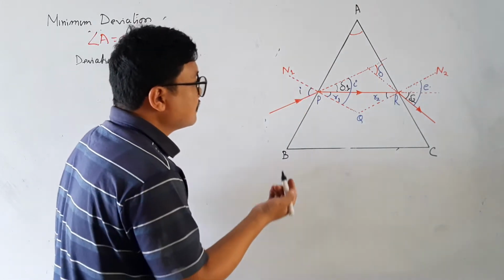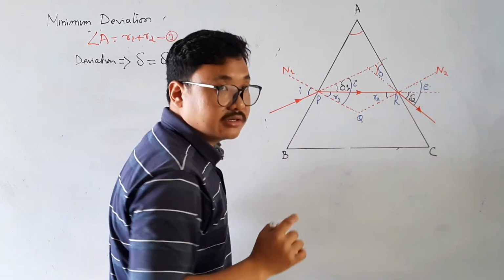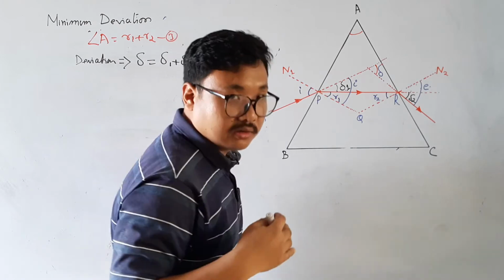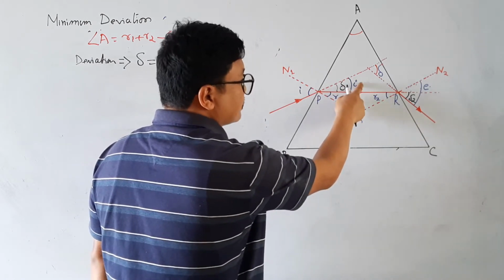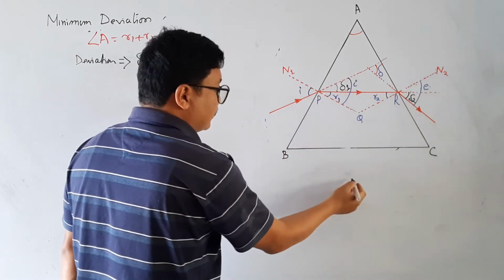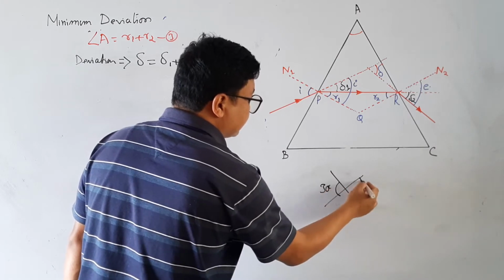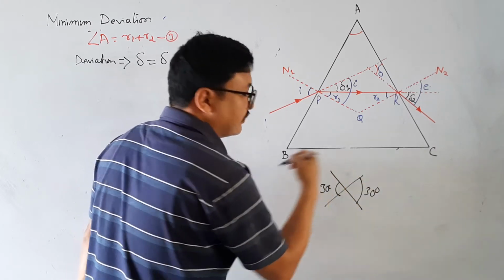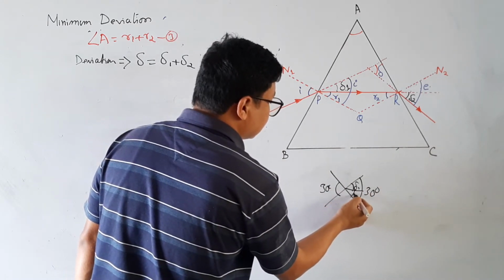So if you see here, delta 1 plus R1 should give me I. I have already told you this whole angle, it is like this, isn't it? If this is 30 degrees, this has to be 30 degrees, vertically opposite angle, and here is my delta 1, this is R1.